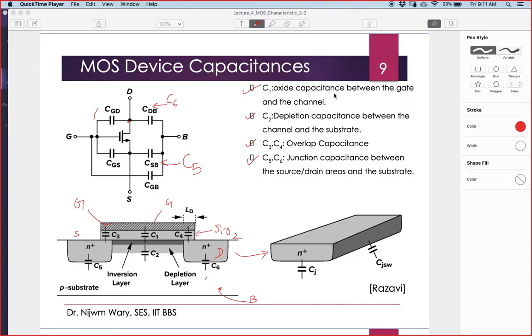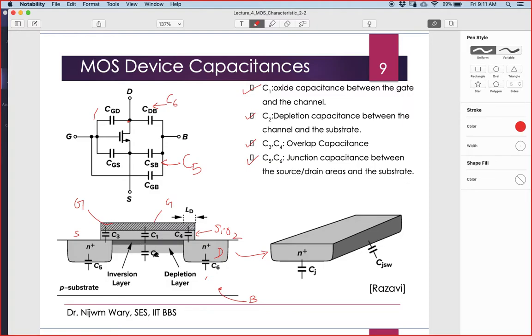C1 is the oxide capacitance between the gate and the channel, and moreover between the channel and the bulk, because the bulk is also a terminal, there is a depletion capacitance. So these are the different kinds of capacitance in a MOS. Now we'll see how we estimate all these capacitances.